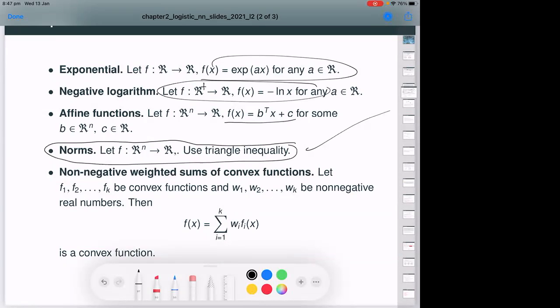And we will not prove this, but this is quite handy also. If you have a non-negative weighted sum of convex functions, it will still be convex. So each fi is a convex function, I take a linear combination with non-negative weights, and it will be convex.